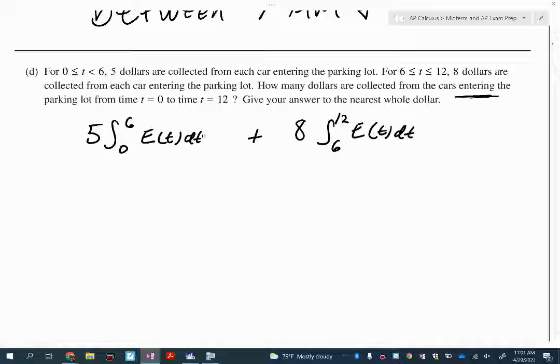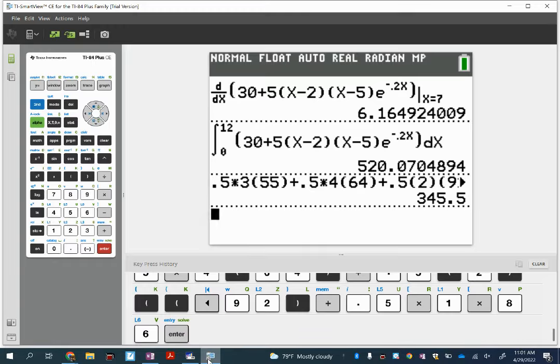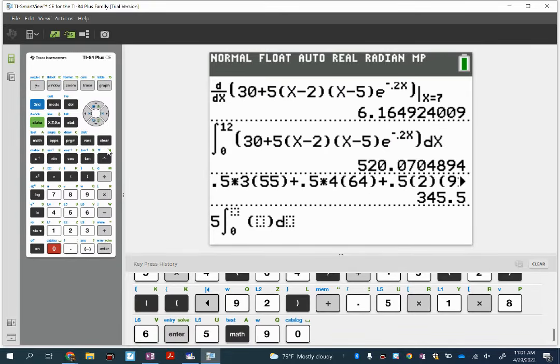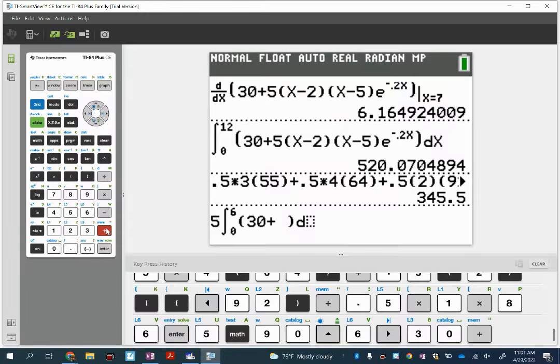But I worry, since we haven't had success yet, if this is going to work out. Let's see. Okay. Here we go. So it's 5, and then click math. Number 9, 0 to 6. 30 plus, not 4.